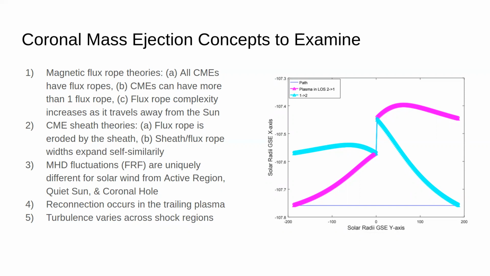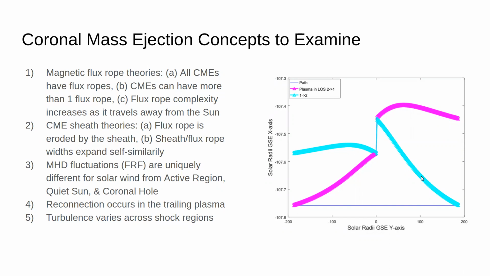And so what I show here with the simulation is I put a discontinuity in it, a change in speed. But basically you have a signal that's being transmitted from line of sight 2, and this is line of sight 1 over here, and then this one is transmitted from line of sight 1, and it's traveling to line of sight 2. This line of sight is shown in blue. The plasma that's actually crossing the line of sight at the time that the photon is passing through is shown here in this plot.